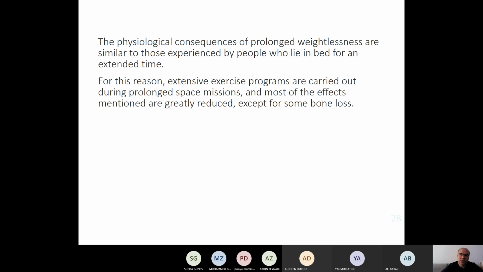The physiological consequences of prolonged weightlessness are similar to those experienced by people who lie in bed for an extended time. For this reason, extensive exercise programs are carried out during prolonged space missions, and most of the effects mentioned are greatly reduced, except for some bone loss.